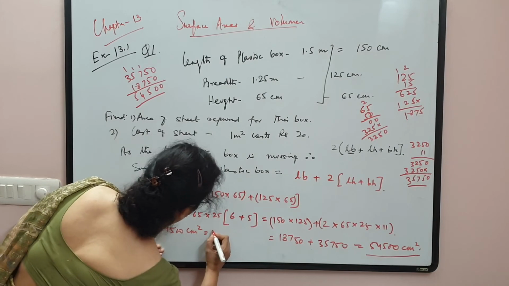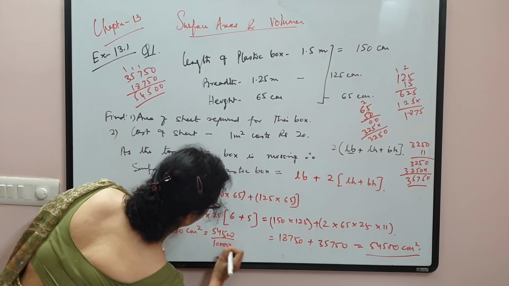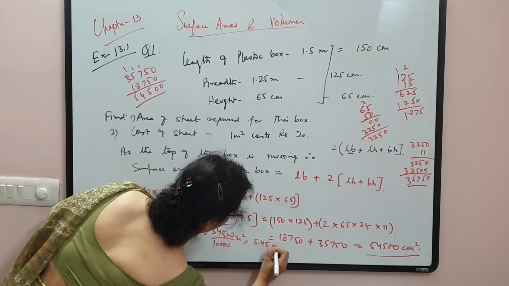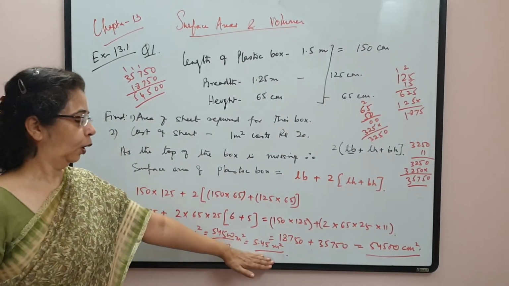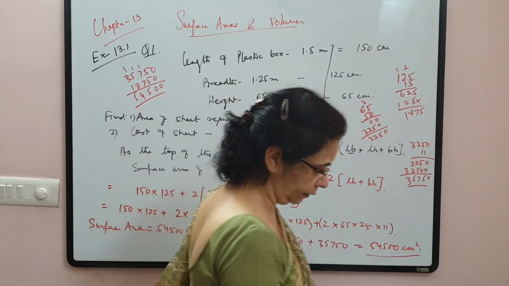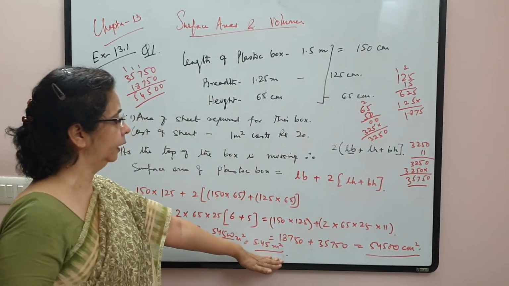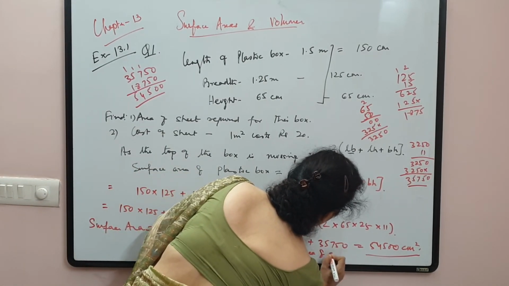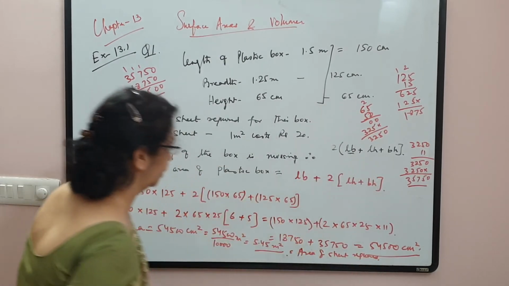So this is 54500 divided by 10,000 meter square, which is 5.45 meter square. So the surface area of the plastic box is 5.45 meter square. That means that the area of the sheet required for making this box is 5.45 meter square. Area of sheet required.